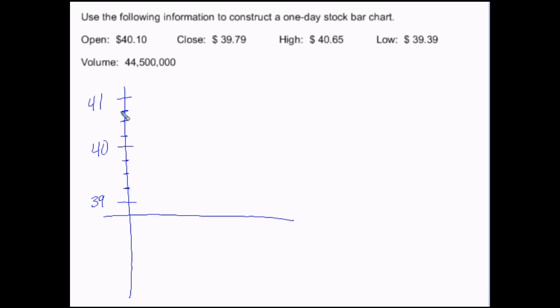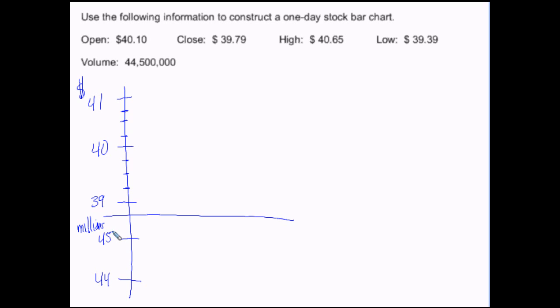And then for our volume, we've got 44,500,000, so this is dollars, and this is millions. So I could say 44 million and 45 million, and then the halfway point is going to be halfway between those. So far, okay?